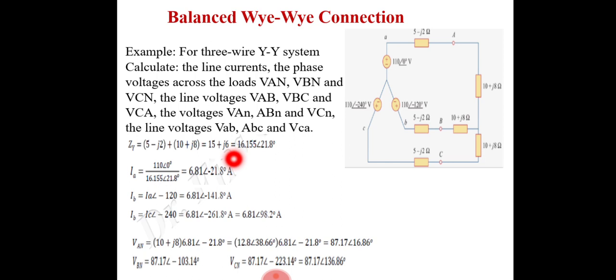Now VBN is equal to 87.17 with angle minus 103.14 degrees. Same as VCN, which is equal to 87.17 with angle minus 223.14 degrees.